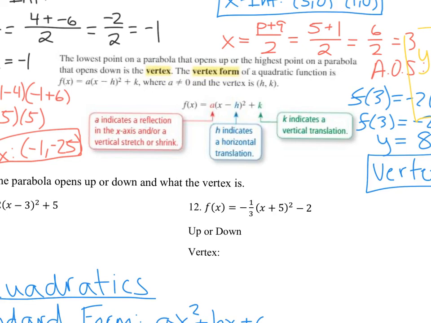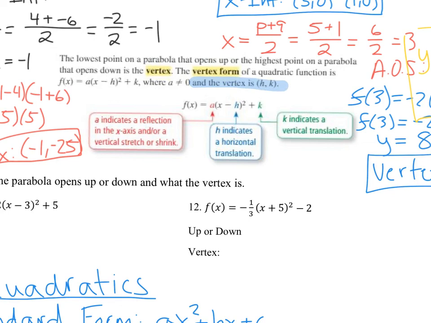Okay? So the H, moving on to that, indicates shifting from left to right. And then the K is talking about up and down. Now, when you put the H and the K together, the blue and the green together, that creates the vertex. And you'll notice that's highlighted in the text right here. The vertex is (h, k).